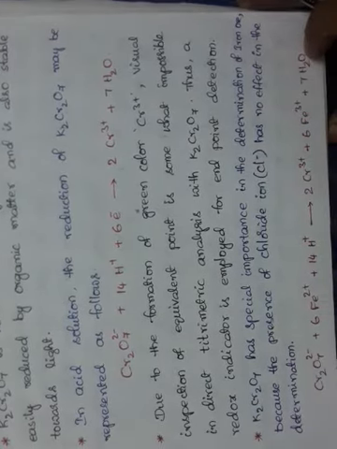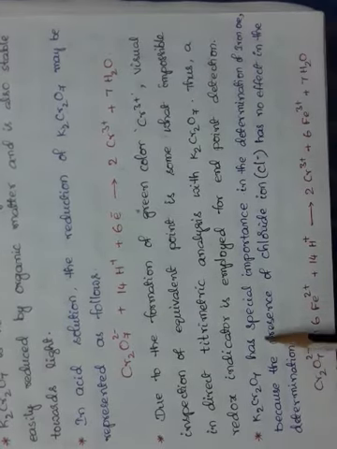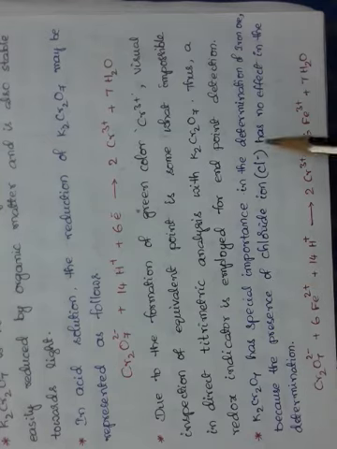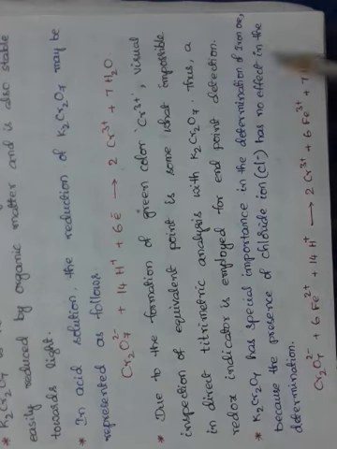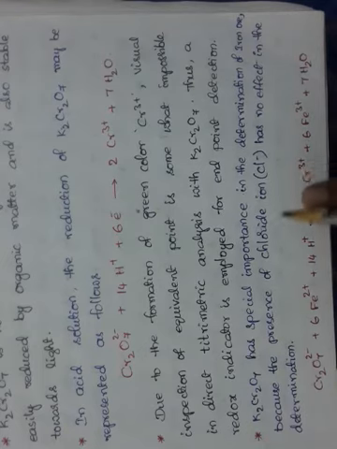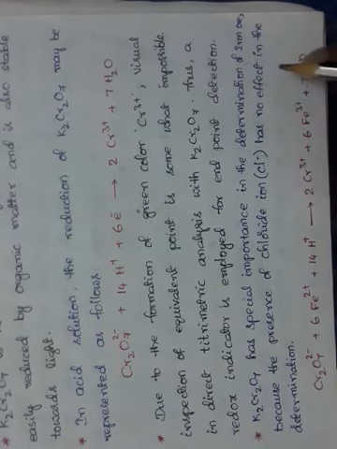Next, potassium dichromate has special importance in the determination of iron ore because the presence of chloride ion has no effect in the determination. But in the case of KMnO4, HCl will interfere in the analysis. But with K2Cr2O7, it will not be like that.